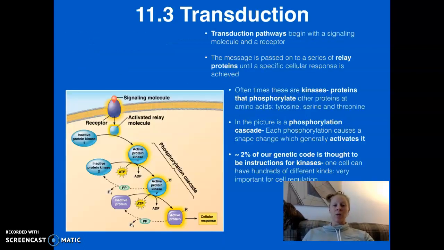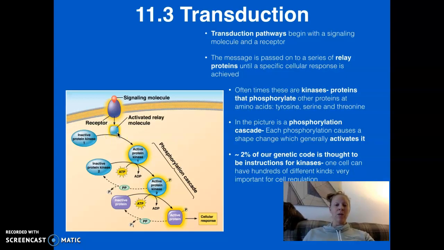So here, let's talk about the transduction pathway. The message is passed on to a series of relay proteins. So here's our signaling molecule, here's our receptor protein, which we talked about last class. And here are our relay molecules, or our relay proteins. Oftentimes these are kinases, and remember that kinases are proteins that phosphorylate other proteins.